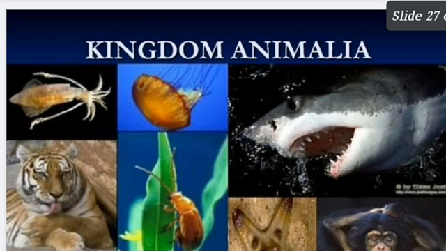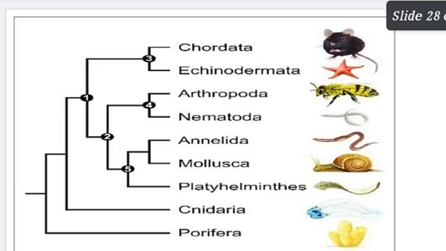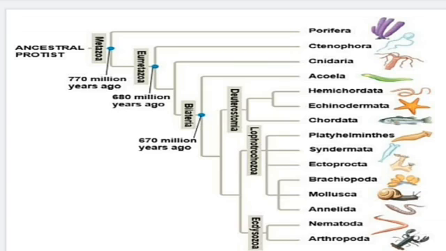Now let us come to kingdom Animalia, the fifth kingdom. It includes Porifera, Cnidaria, Platyhelminthes, Mollusca, Annelida, Nematoda, Arthropoda, Echinodermata, Chordata, and more. So this is how the biological world is.